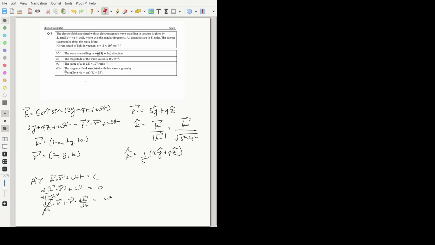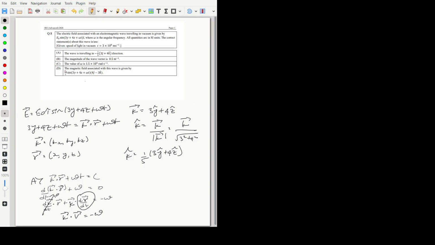This is supposed to be k here, and this is supposed to be r. Right. And let me call this v, your velocity vector. Now, what is this v? v describes the velocity of my wavefront, so it is in fact my actual direction of propagation.